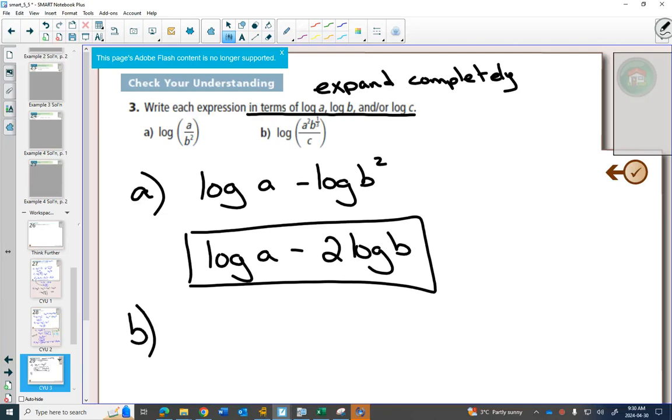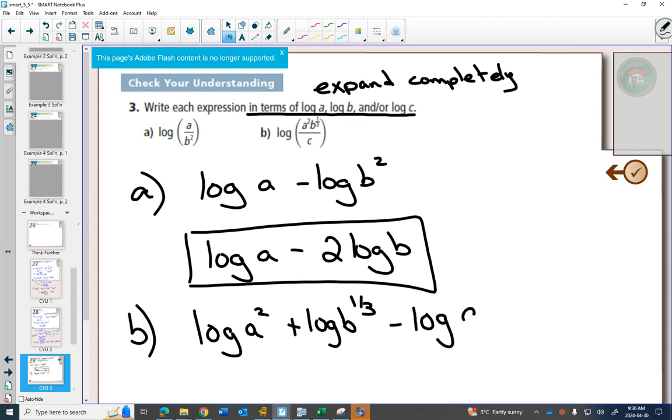And the same shortcut that is used for combining as a single logarithm can be used when expanding completely. If you have more than one thing in your numerator, which we do, I have an A squared and I have a B to the 1/3, those can be added right away, and then we have the C in our denominator.